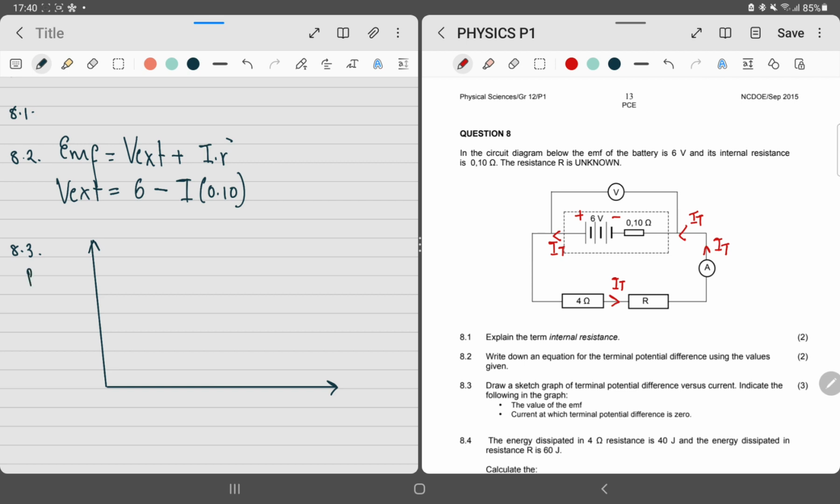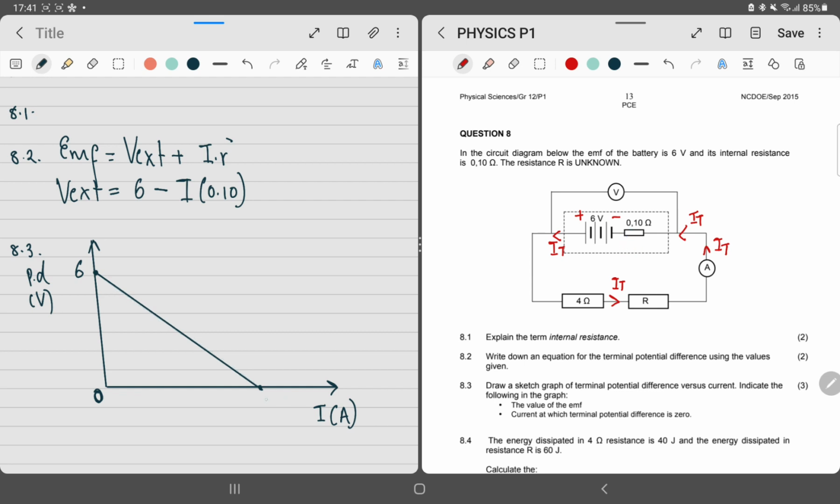So we have the potential difference measured in volts and then the current measured in amperes. The value of the EMF is registered on the voltmeter when the current is 0. So that will be 6. That will be the value of the EMF. And then the graph will look like that.